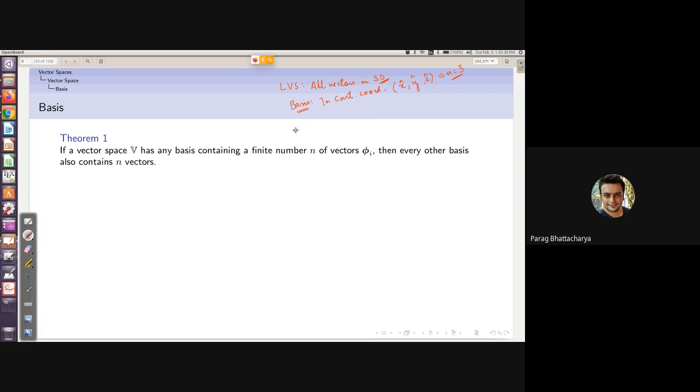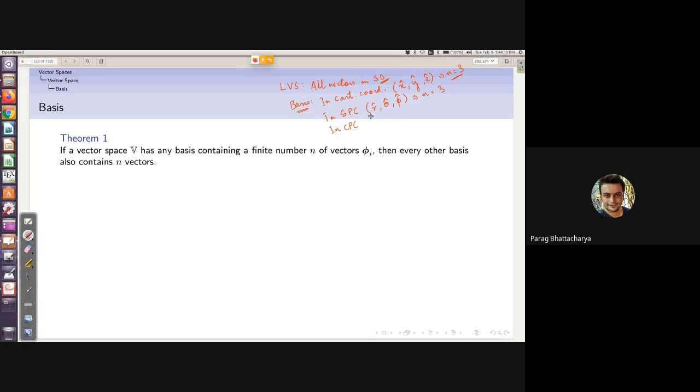If you choose some other basis, can you think of one? Yes, of course. We could think of spherical polar coordinates. In spherical polar coordinates, the basis will not be x cap, y cap, z cap. It will be r cap, theta cap, and phi cap. This is another basis. So in this case also, the number of elements in the basis is 3. What about cylindrical polar coordinates?